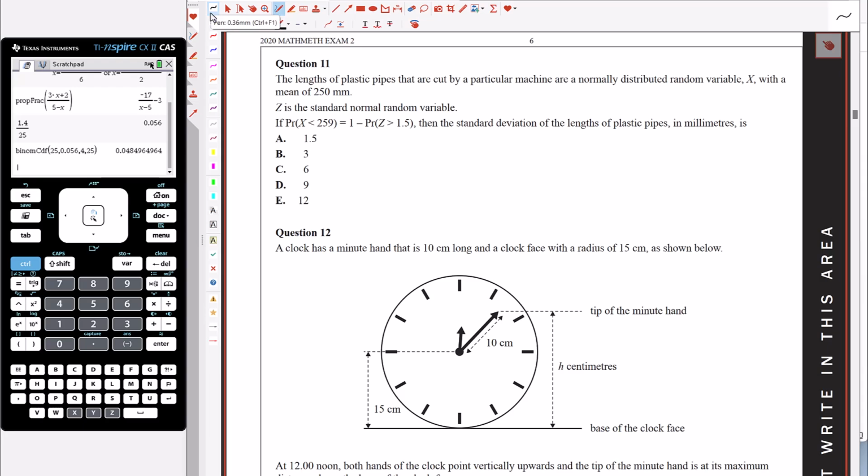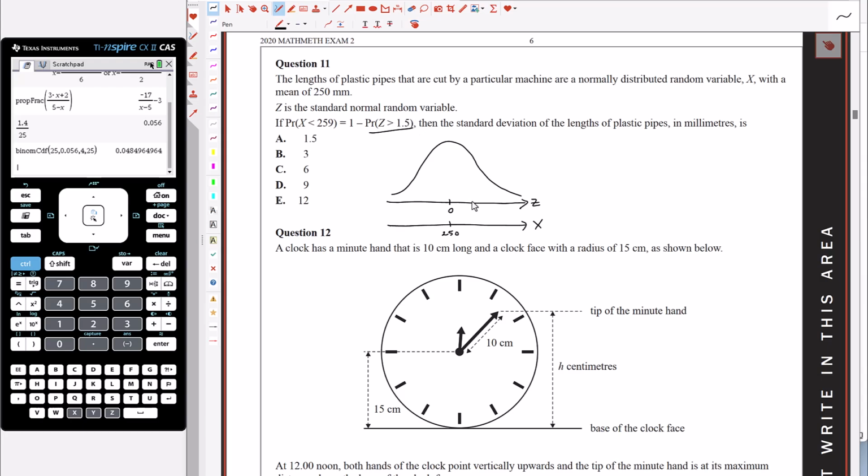Okay, so I think a diagram never goes astray in a normal distribution. We could do a whole lot of equations and things, but I think things are going to become pretty clear here. So Z greater than 1.5, let's think about if this is a Z-axis, then that would be 0. Let's also think about what that would all look like on an x-axis, where the mean is 250, so that would be 250. Okay, so we want 1 minus the probability of Z greater than 1.5.